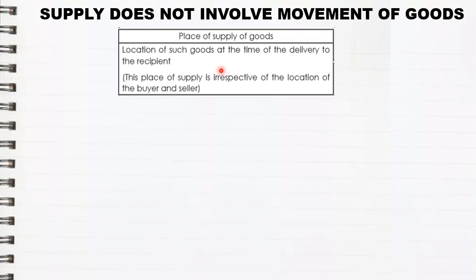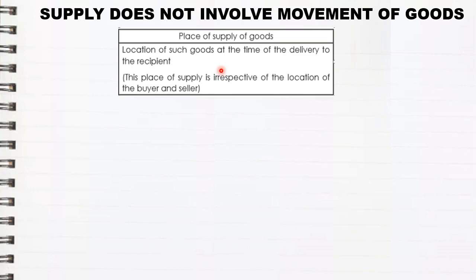Mr. X from Mumbai traveled to Goa and purchased goods there. So here the goods are not moving from one place to another. So when there is no movement of goods, at that time the place of supply will be the place where the goods have been purchased. So in this case, the place of supply would have been Goa.